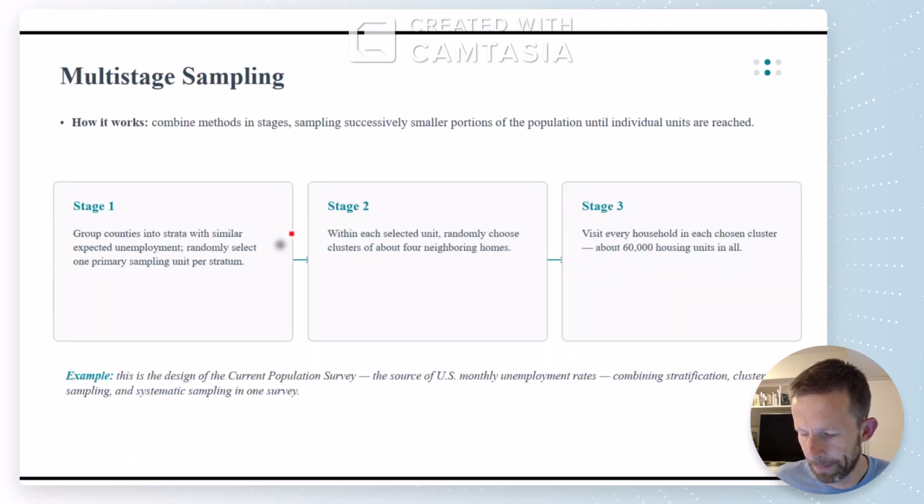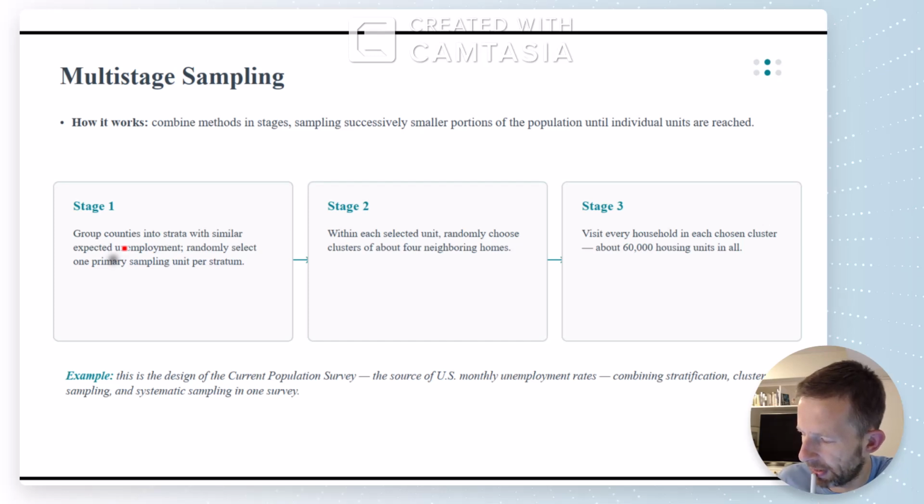Multi-stage sampling basically combines a number of these methods together. So for example, here we have stage 1, group counties into strata with similar expected unemployment. Randomly select one primary sampling unit per stratum. Within each selected unit, randomly choose clusters of about 4 neighboring homes.